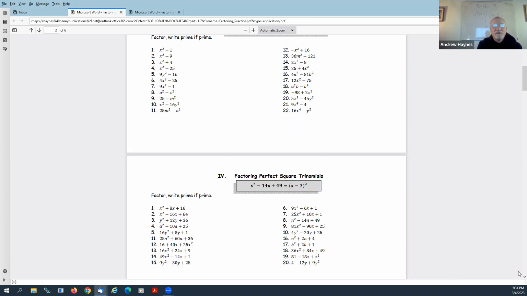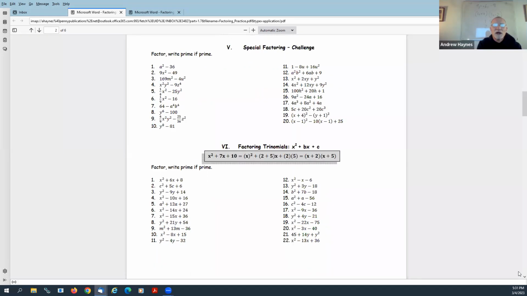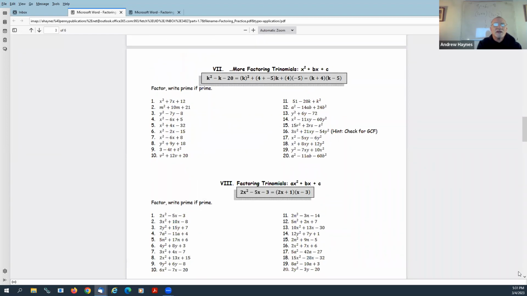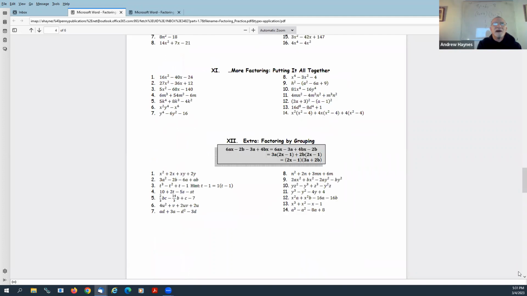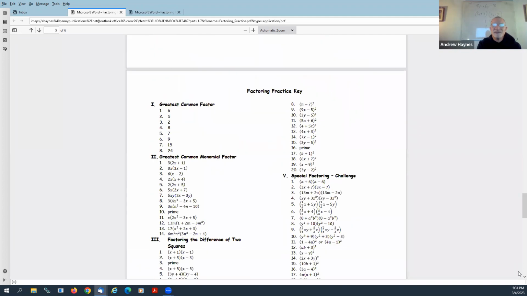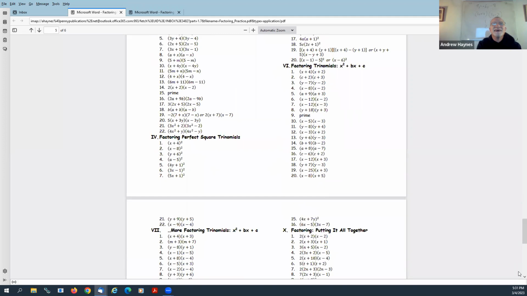They give you an example of everything. Part 4, a little bit more to work with perfect squares. Part 6, we were working on 7 and 8 here, mostly 8. Keeps going a little bit longer. There's a part 9, part 10, part 11, part 12, and the best part, all the answers.